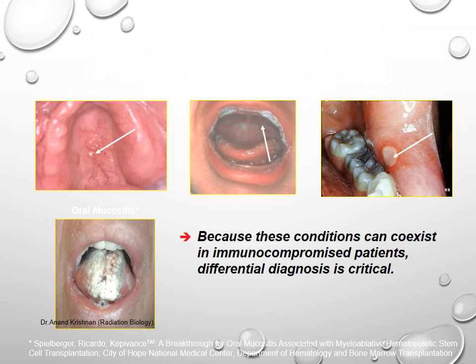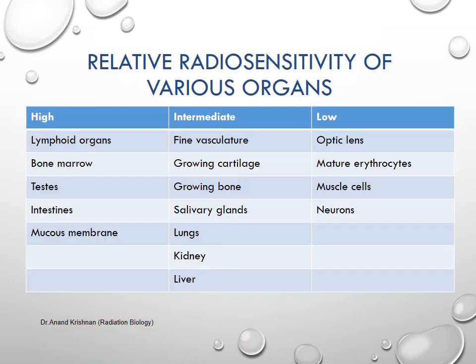Sometimes the diagnosis becomes a little tricky, because there is a long list of differential diagnoses for oral ulcer formation. Unless it gives typical characteristics, diagnosis is going to be very tricky, even with biopsy, up to a certain limit.